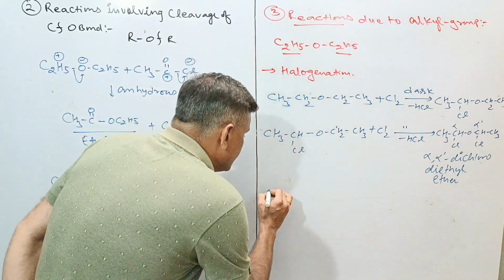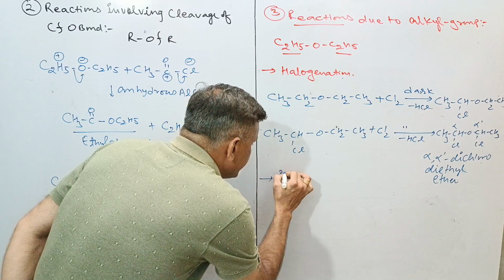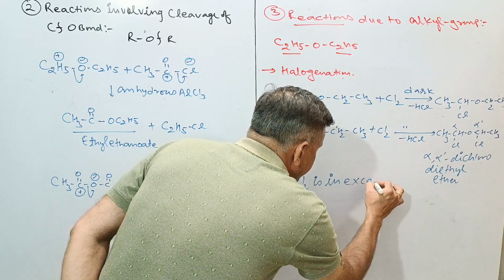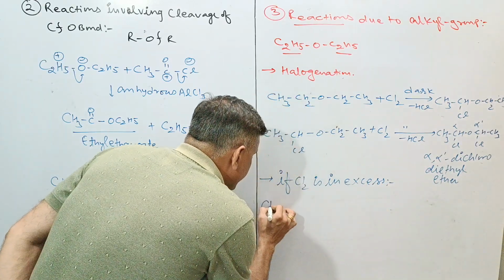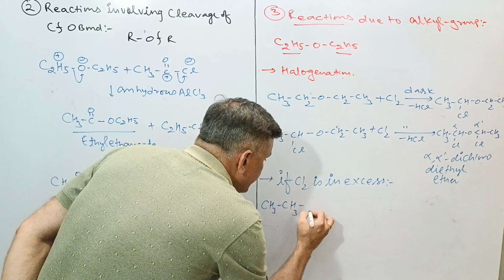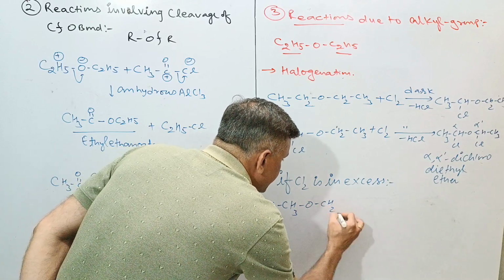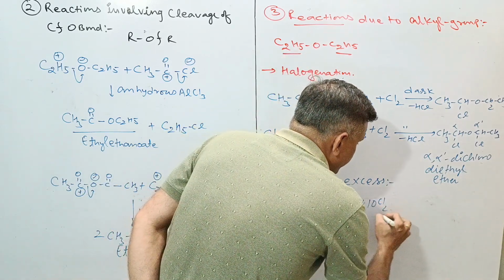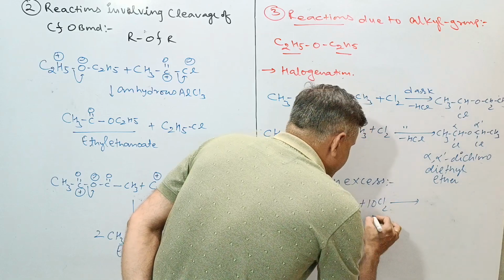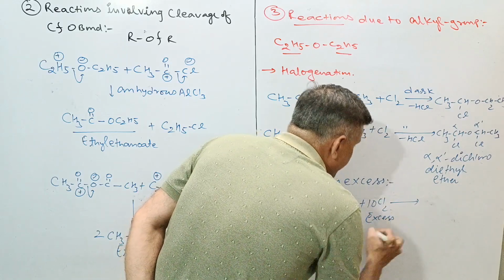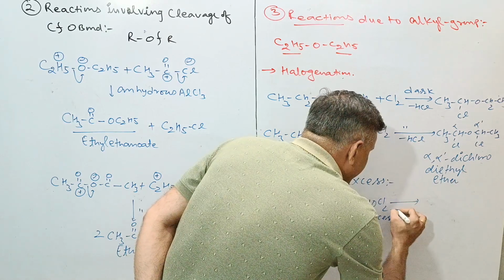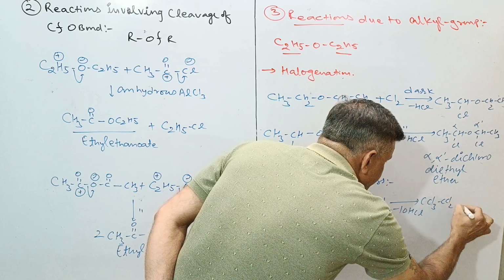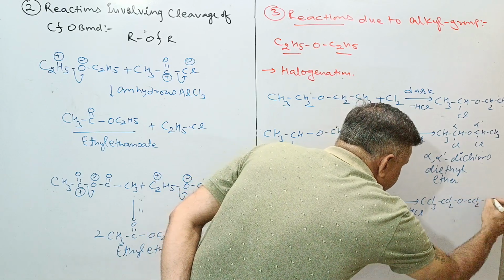But if Cl2 is in excess, then what will be? Here will be formation of perchloroether, like this, with 10 of Cl2, by the removal of 10 of HCl: CCl3CCl2OCCl2CCl3.